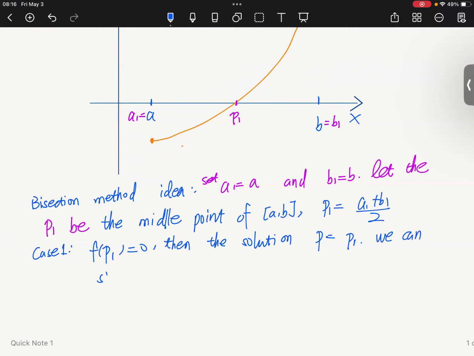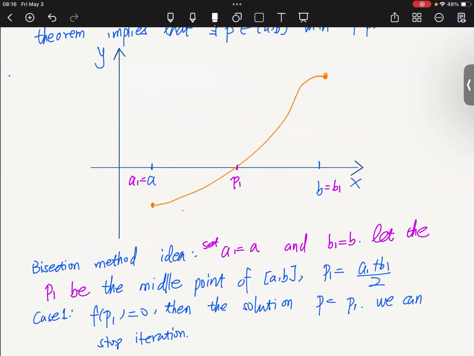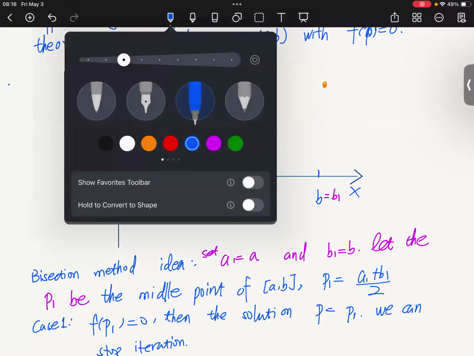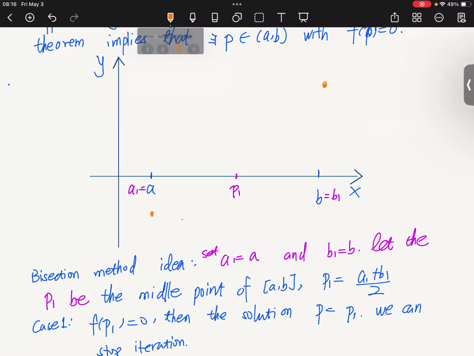And there are other cases, and I'm going to draw another picture here. This is a very special case. We just stop at the first iteration, and this is the function where f evaluated at the middle point equals 0.